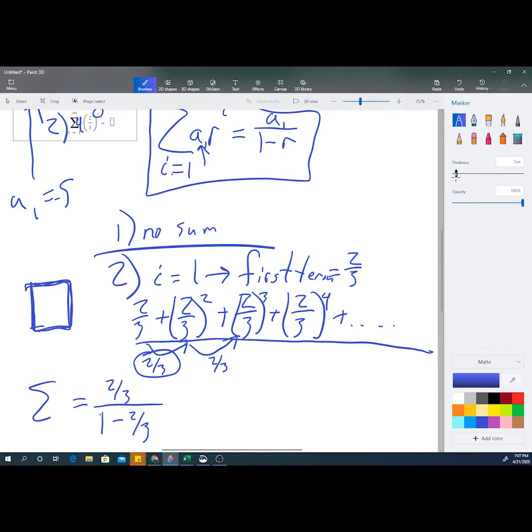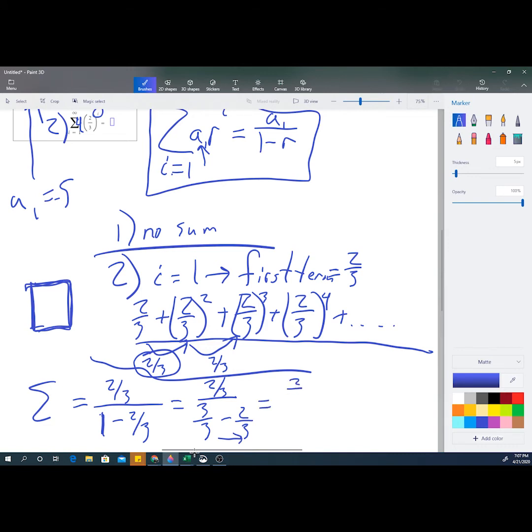So remember, this all comes down to my rules about fractions. The top is already simplified, so I just leave it be. On the bottom, I need to have a common denominator, and my denominator is 3. So I need a 3 here, and since I have 1, I need a special form of the number 1, which means I have just 3 over 3. 3 over 3 is the same thing as 1, but it's written in a way that has the same denominator as the fraction we're using.